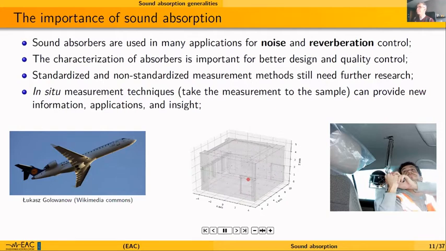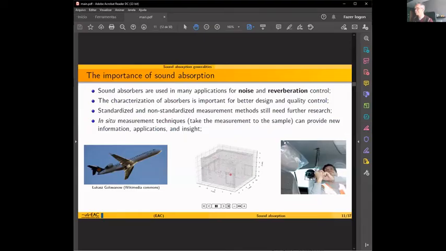We have some standardized and non-standardized measurement methods that I will try to cover today. And we have those in situ techniques. That means that we take the measurement apparatus to the sample instead of taking the sample to the lab. And those in situ methods can provide information and applications inside.